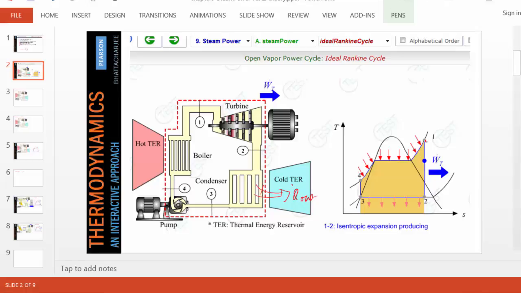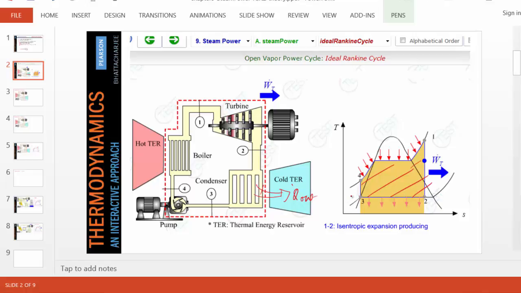We already know that the area inside the TS plot, inside the loop, is proportional to the net work of the cycle. Also, to understand what the efficiency should be for the Rankine cycle, an equivalent Carnot cycle analogy is always very effective.